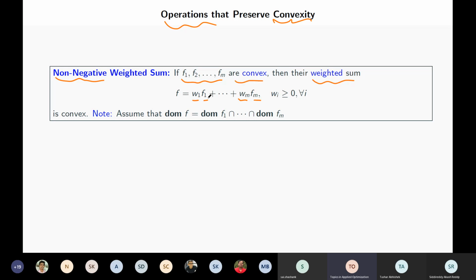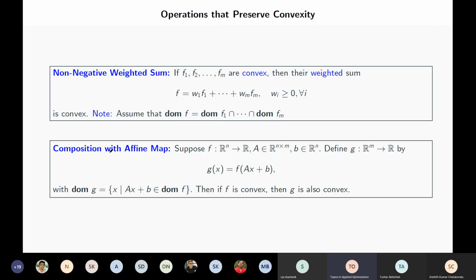If the individual f is convex, then the weighted sum is also convex, provided the domain of the sum is the intersection of the domains of all these f. Okay, so this is again a straightforward thing to do. So I leave this up to you to prove that a weighted sum of convex functions is convex.